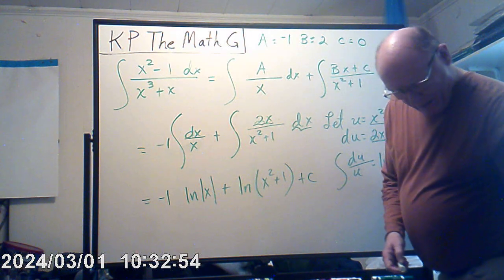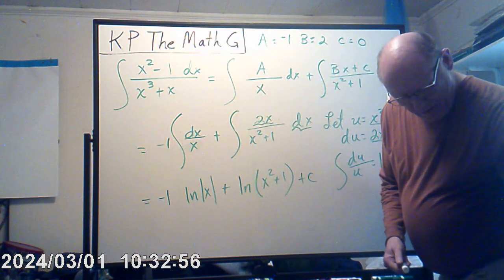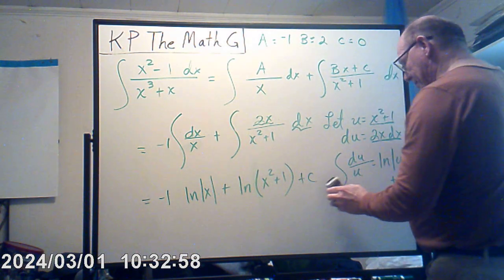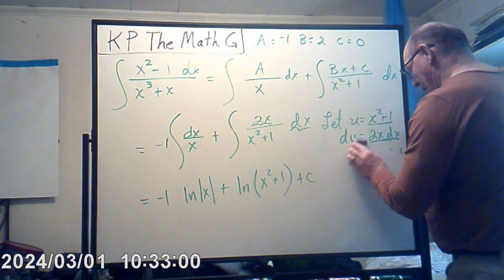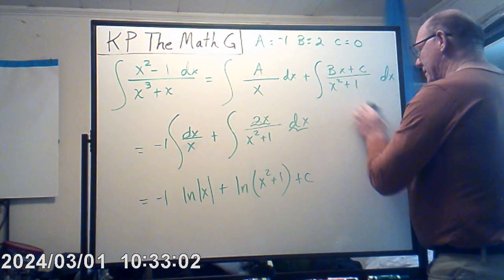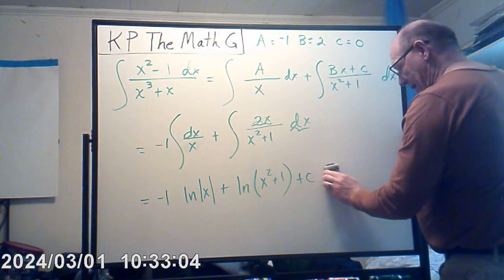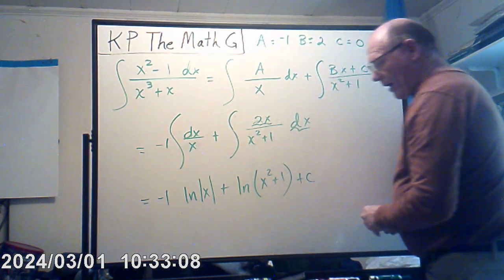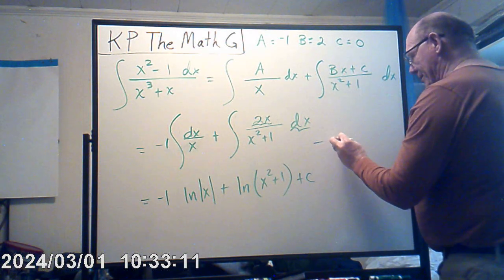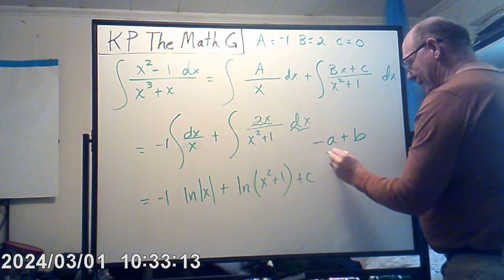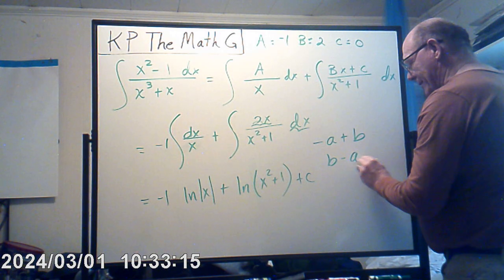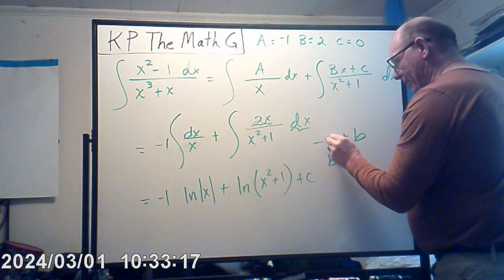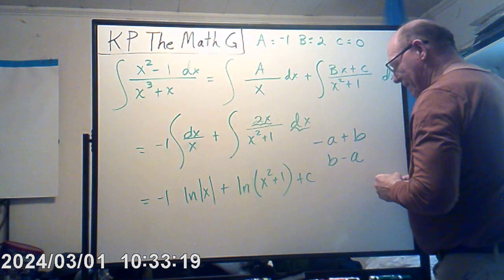Okay, I'm going to rewrite this one more time. Now let me show you what I'm going to do. If I have a negative a plus b, I just like to say b minus a. Even if this is -1, it's still negative, right?